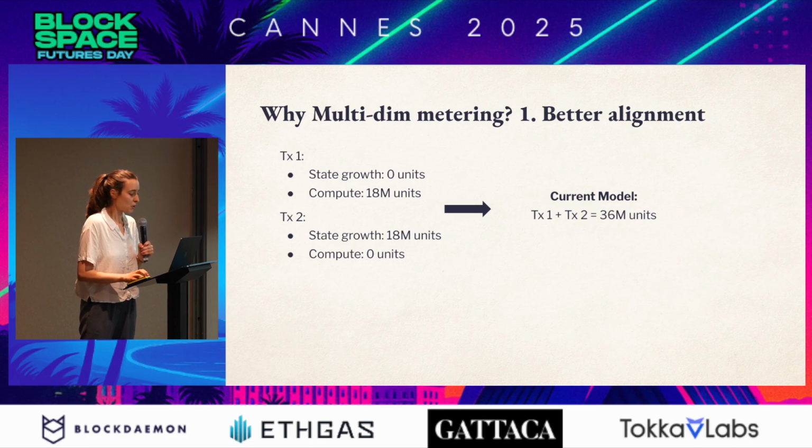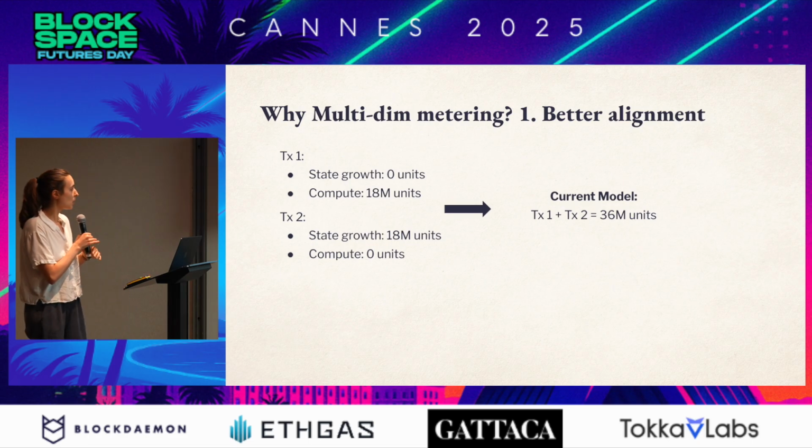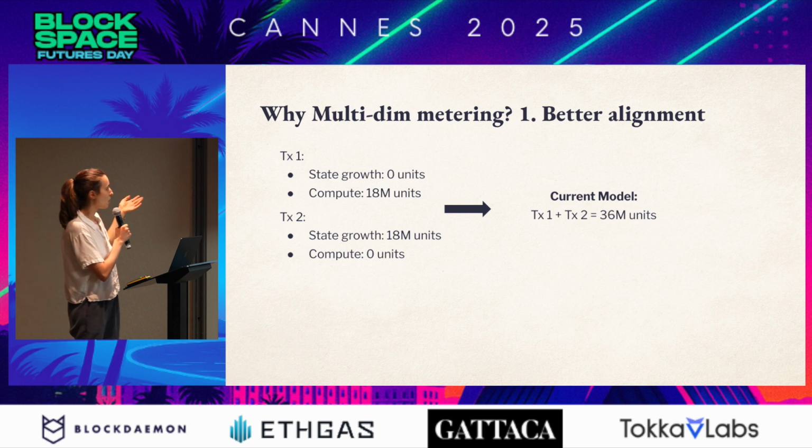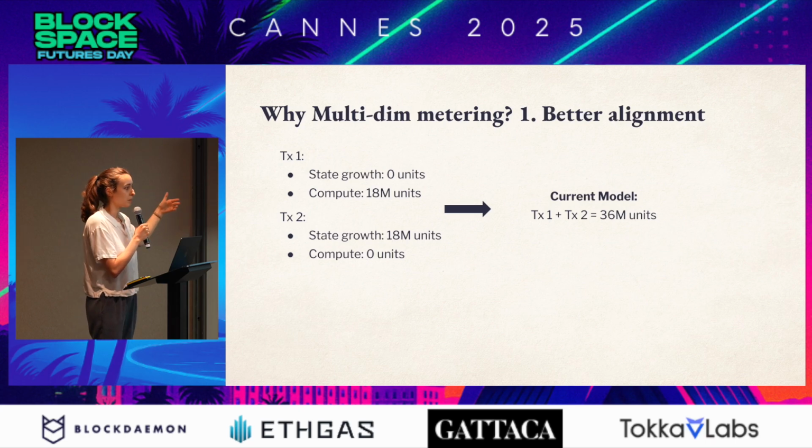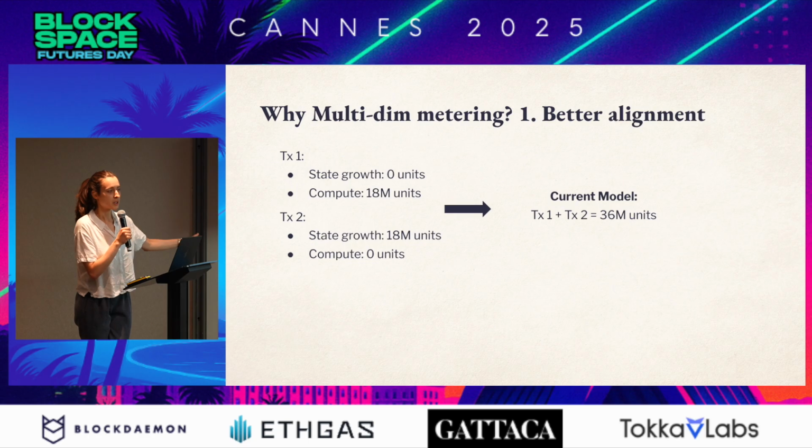Okay. So on this alignment, let's now think about another example. We know that there's this mapping between the limits from a resource perspective, so the seconds for compute and the kilobytes for state growth, and we have a mapping between that and the gas units.